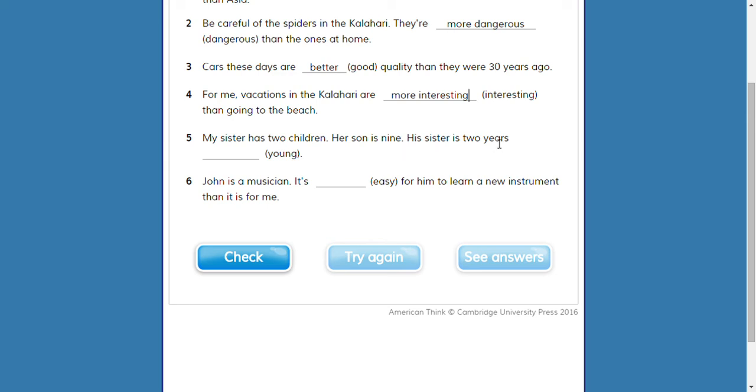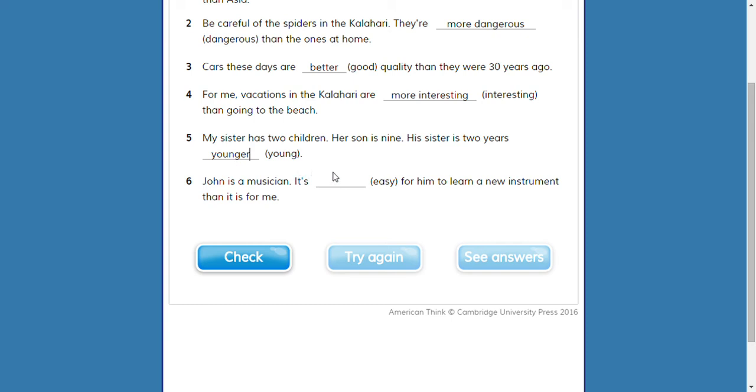Between brackets is young. We haven't seen young, but there's no problem. How many syllables? One. Perfect. So, what's the rule? Does young finish in y? No. What's the rule? ER. Perfect. Younger. That's easy.